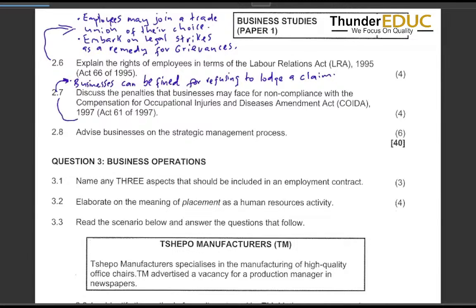Then the next one, because of 4 marks, they may be forced.